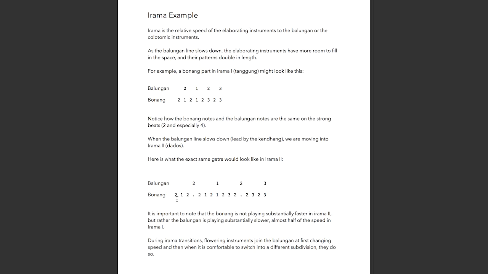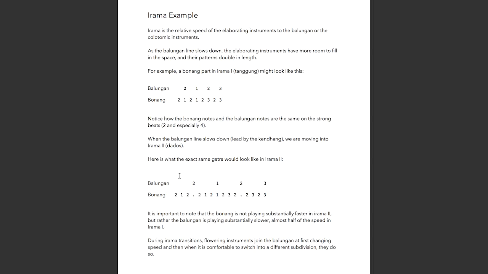So how do we actually change between irama? Essentially, when the irama is slowing down, if we're moving from tanggung to dados or dados to wilet or something like that, at first the flowering instruments are changing speed with the balungan. We're all slowing down together.